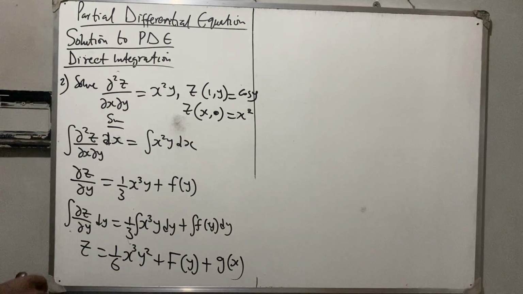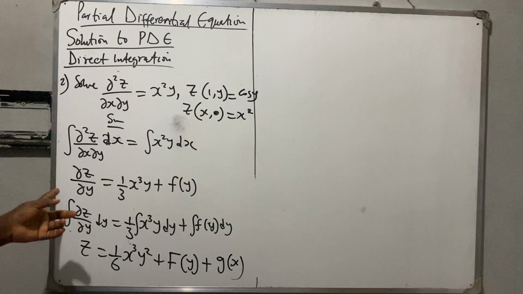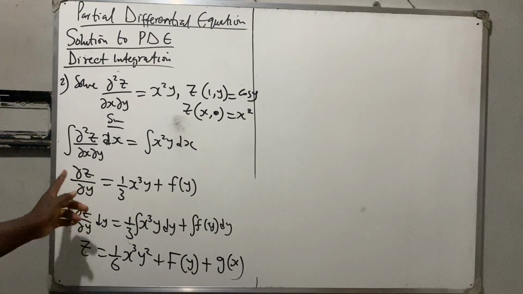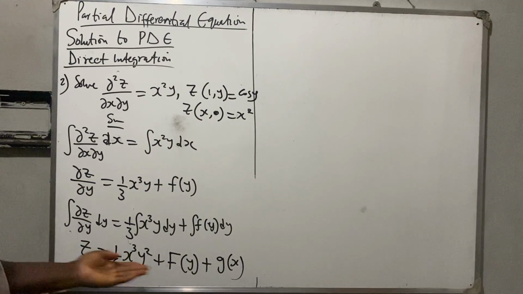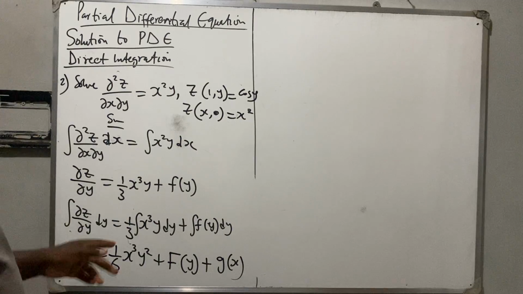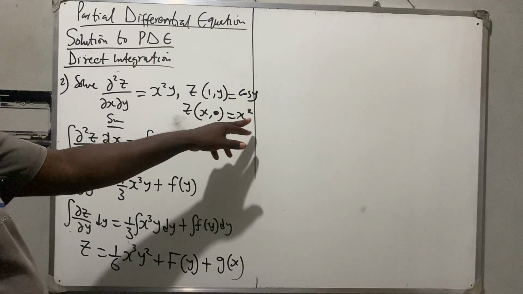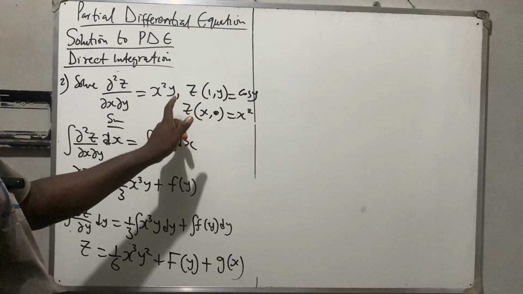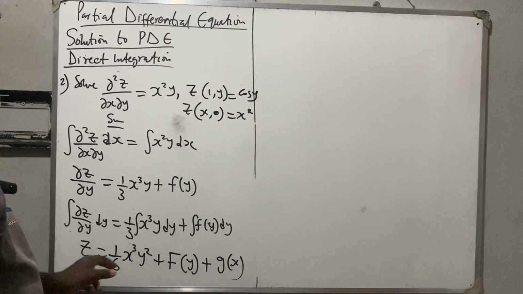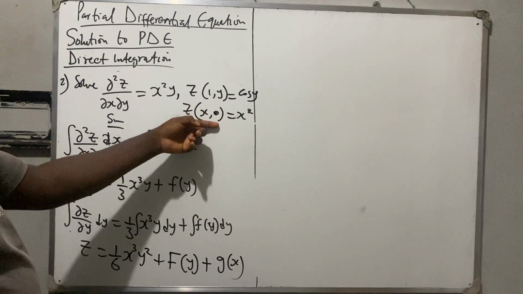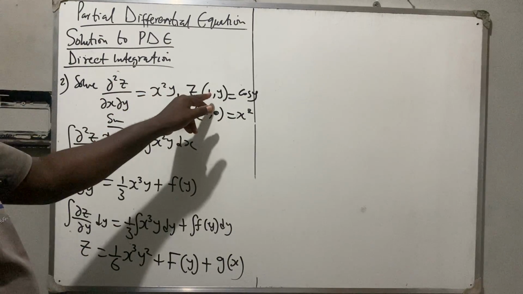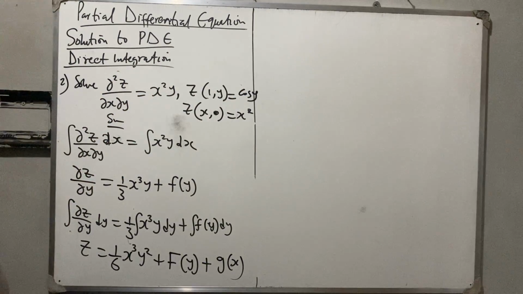So since they gave us those conditions, when we got this one, we can substitute. This one said that when y is 0, z is x squared. For the first condition, when x is 1, z is cos y.